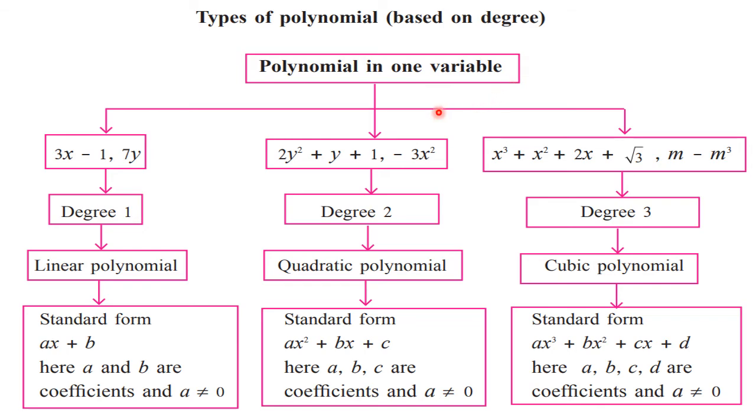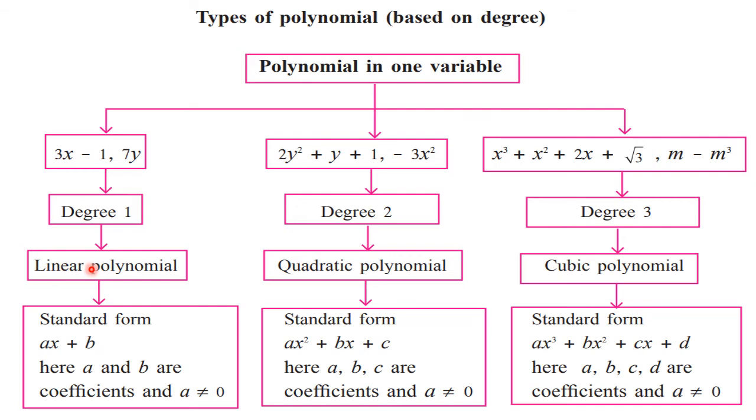To be more precise, in this chapter, we are going to study polynomials in one variable only. Okay. So based on the degree, the polynomials are classified as linear polynomial, quadratic polynomial, and cubic polynomial. Now let us see how they are classified.